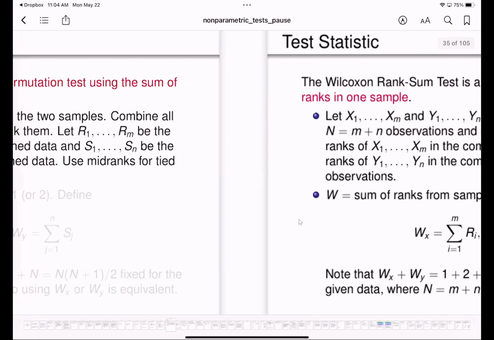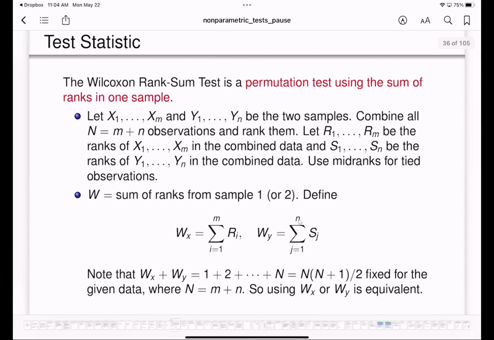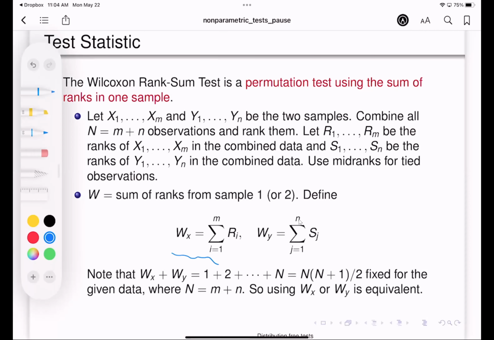The next step is to define the statistic as the sum of the ranks in one sample. Here Wx is the sum of ranks from the first sample, and Wy is the sum of ranks from the second sample. Since we combined the two samples together, there are a total of capital N observations, where capital N is the total number of observations from both samples.